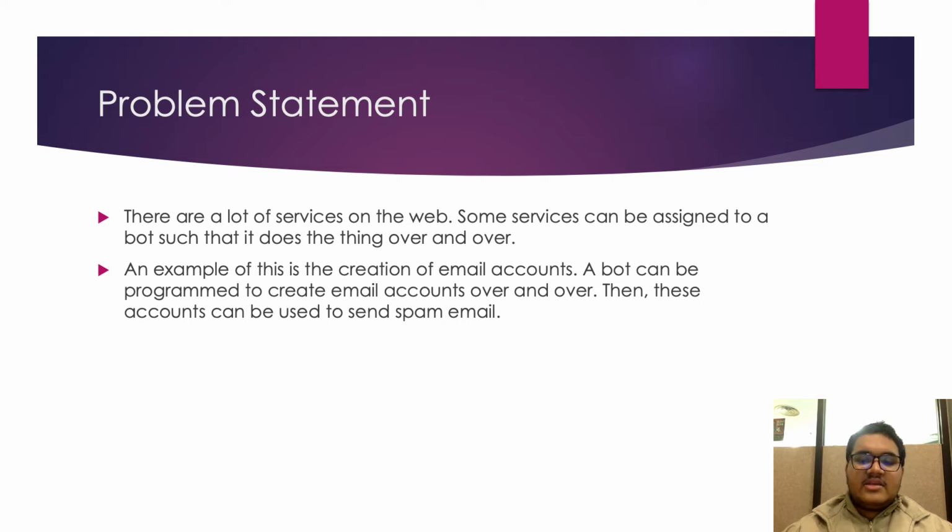Furthermore, I can use these bots to create a DDoS attack, a distributed denial of service attack, on the email server by overloading it. Basically, I can use the bot to send multiple emails continuously, thereby overloading the email server and ending up crashing it.